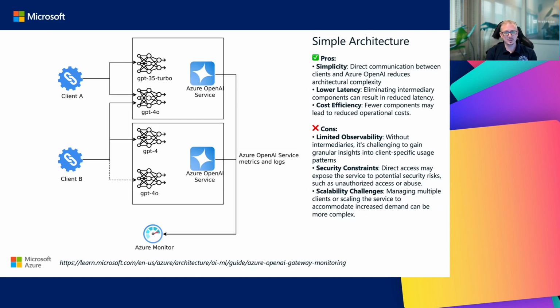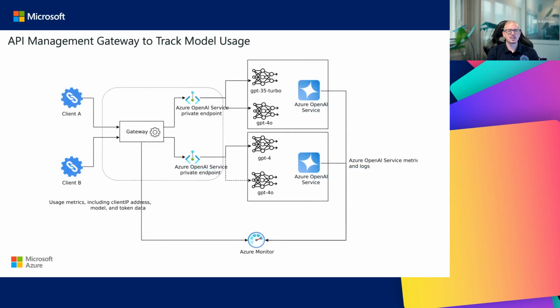So while it's a good and cost efficient way to get things going, when you are looking to roll this out into production or you're looking to scale up, you would probably want to be doing a bit more to manage what's going on behind the scenes. So let's take a look at what comes next.